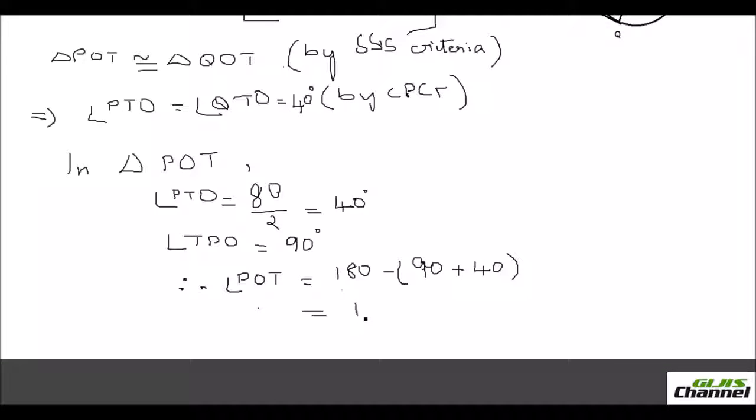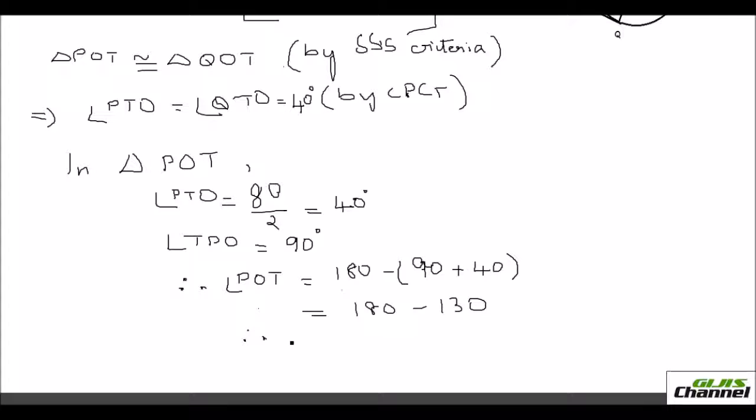So this will be 180 minus 130. Therefore angle POT is equal to 180 minus 130 is 50 degrees.